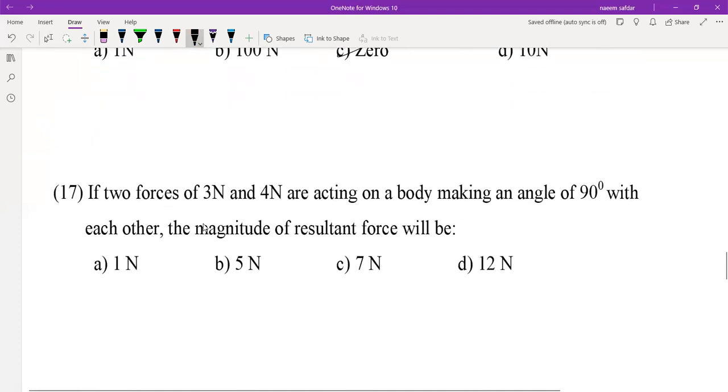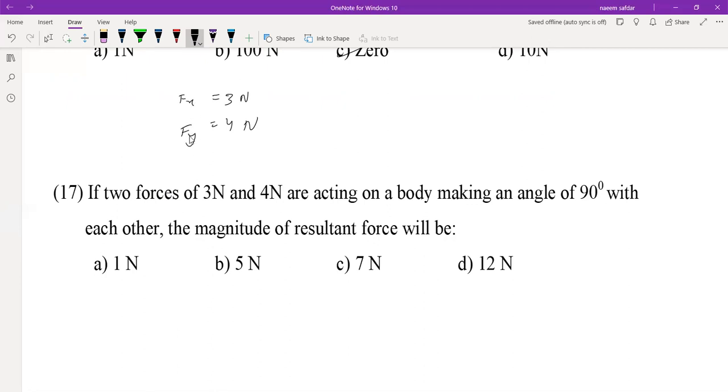If two forces of 3 Newton and 4 Newton are acting on a body, making an angle of 90 degree with each other, the magnitude of resultant force will be? So we have 3 Newton and 4 Newton. They are making 90 degree, means they are the rectangular components of the vector.